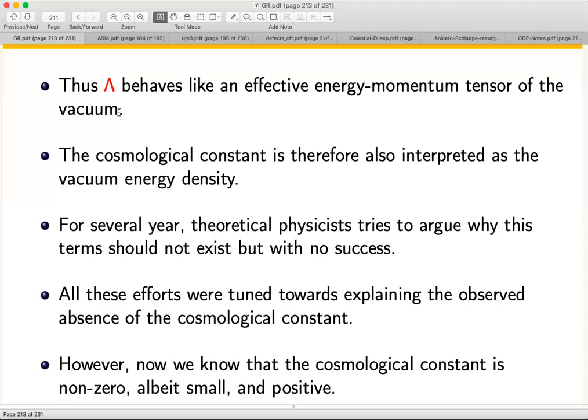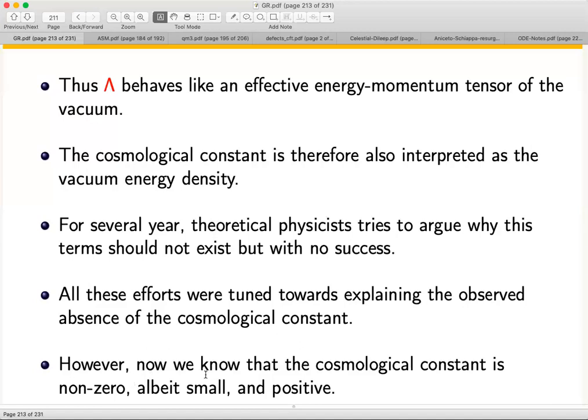But the observed value of lambda, after all these efforts, turned out that the cosmological constant is actually non-zero, and not only is it non-zero, it is positive, which is a difficult scenario to handle. And in addition to that, the non-zero value is very, very small.